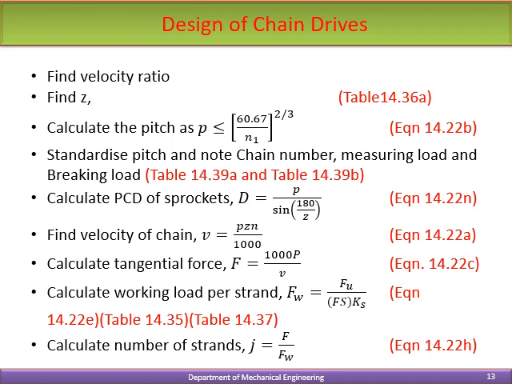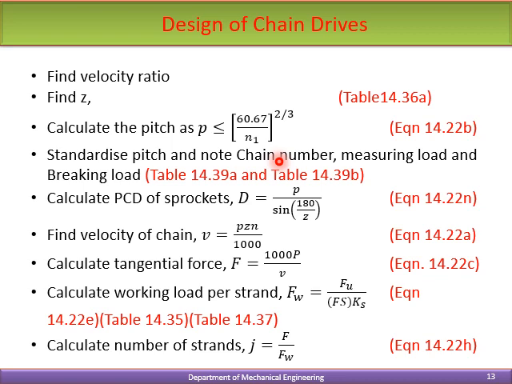This is available in our data book, equation number 14.22 2b. Here N1 is the speed of the smaller sprocket in radians per second, and we have to standardize the pitch to the nearest value by the standardizing table 14.39a and 14.39b. Then find the chain number, measuring load and the breaking or ultimate load.